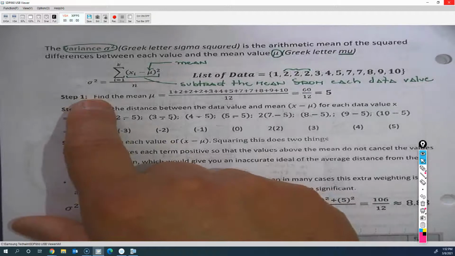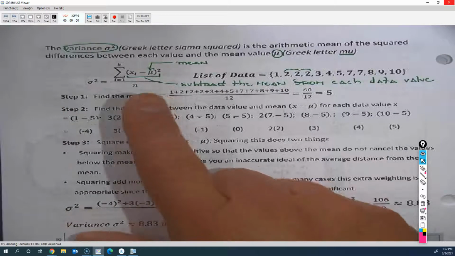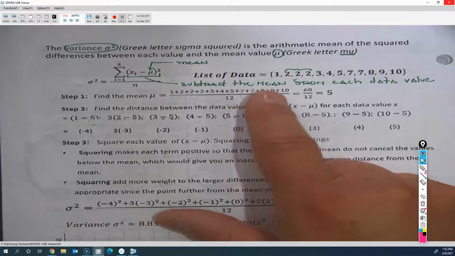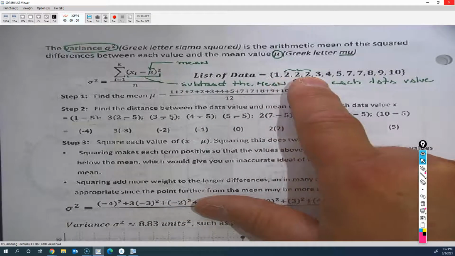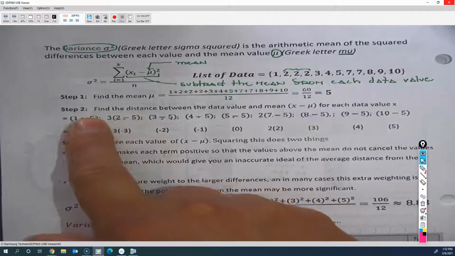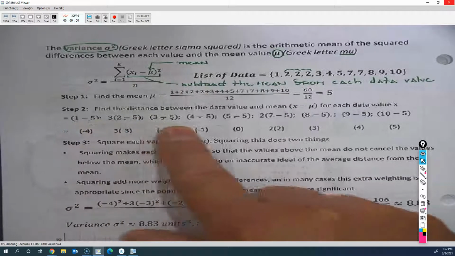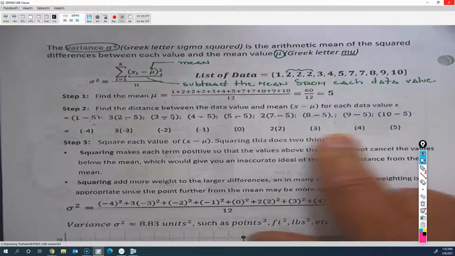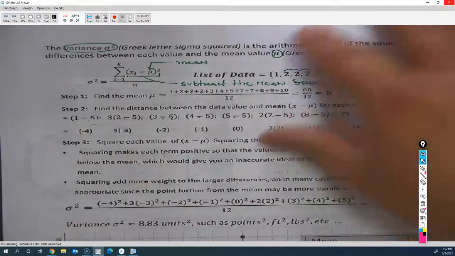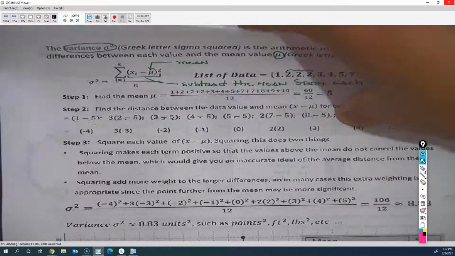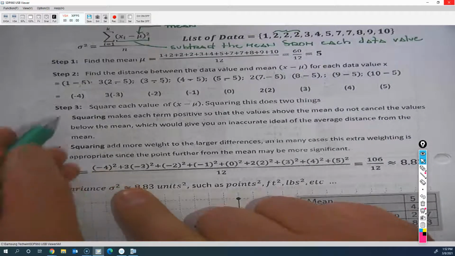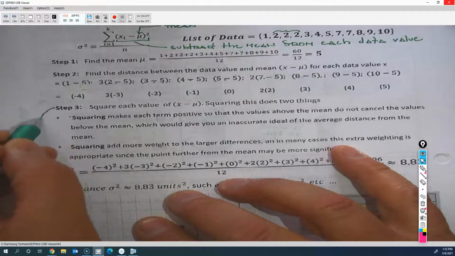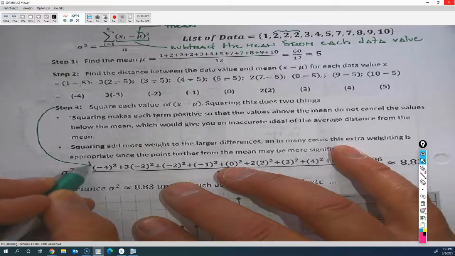So, first step, find the average. Second step, take the average and subtract it from each number in this data set. Third step, square each one of these values. Okay, so that's what I did right here. Square each value that we had.